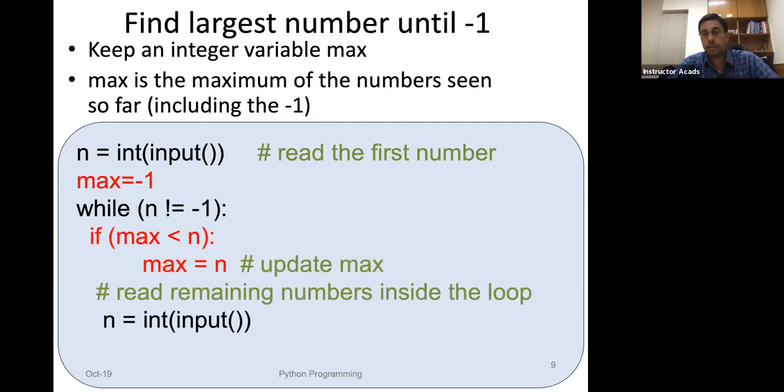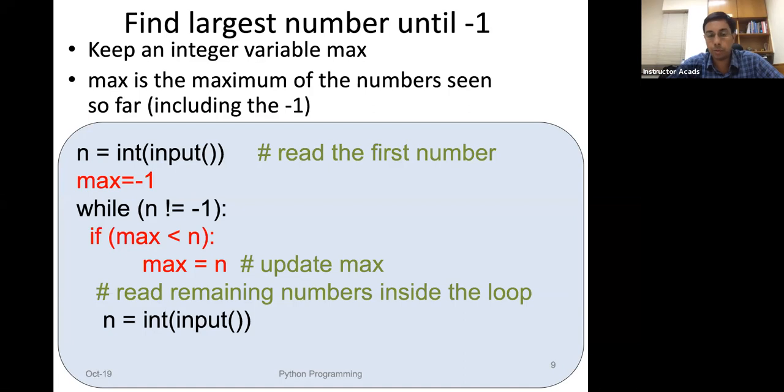And while the user enters numbers, I have seen a bunch of numbers and I have kept track of the maximum number seen so far. Now the user enters another number. If that number is greater than the previous maximum, then I'll update it and say that max is now the latest number entered.